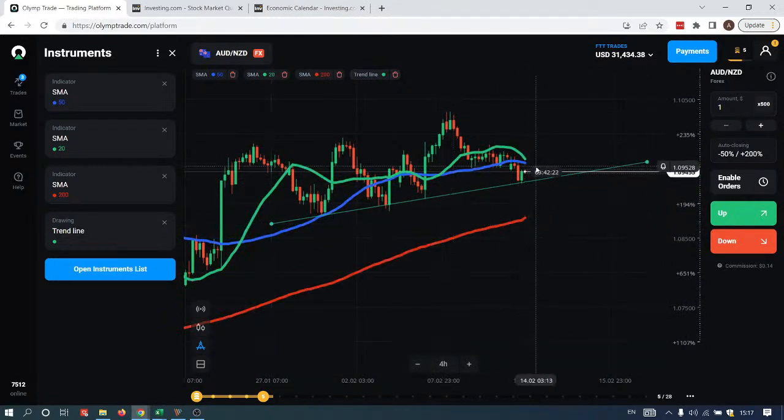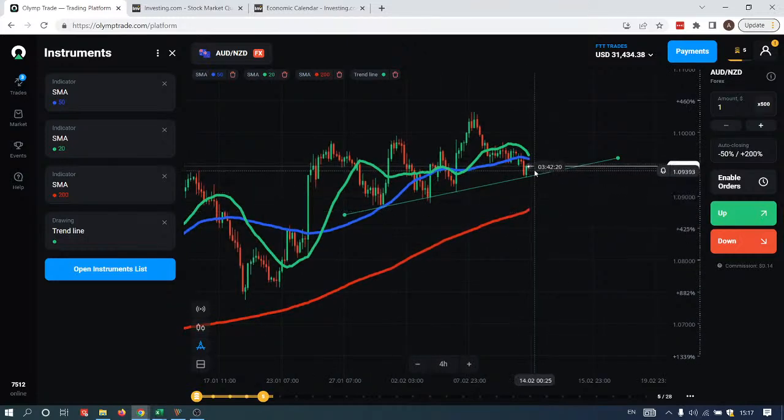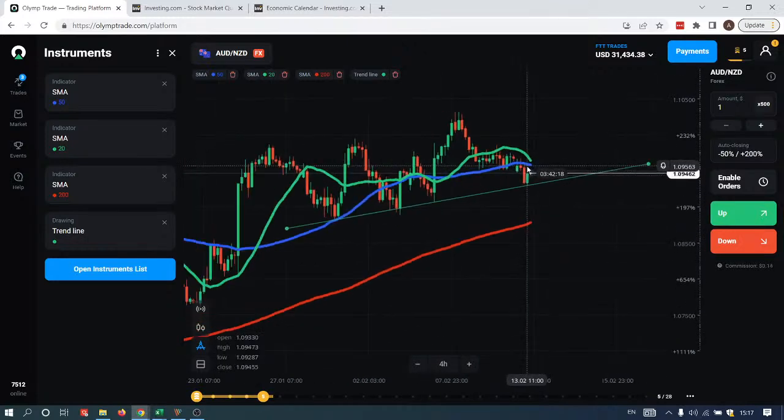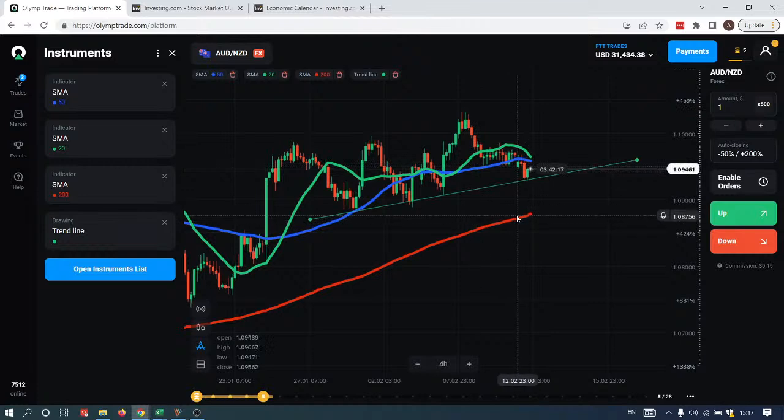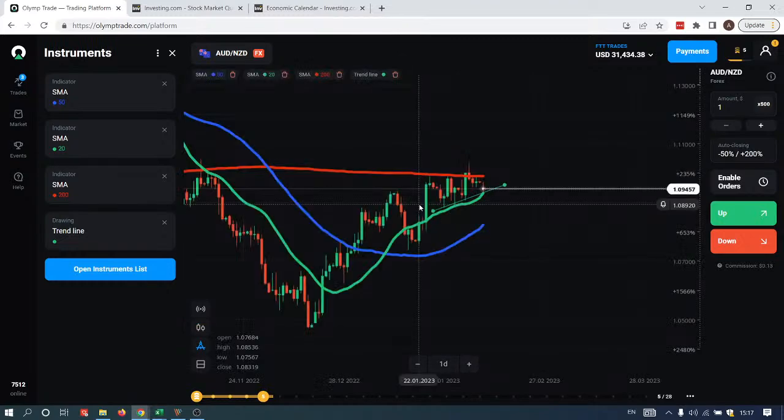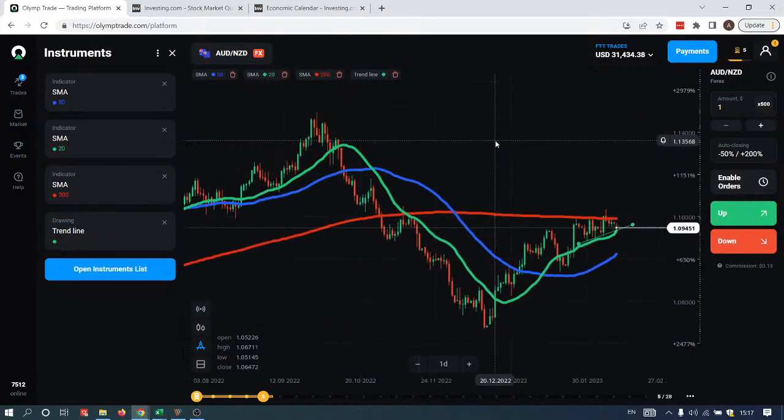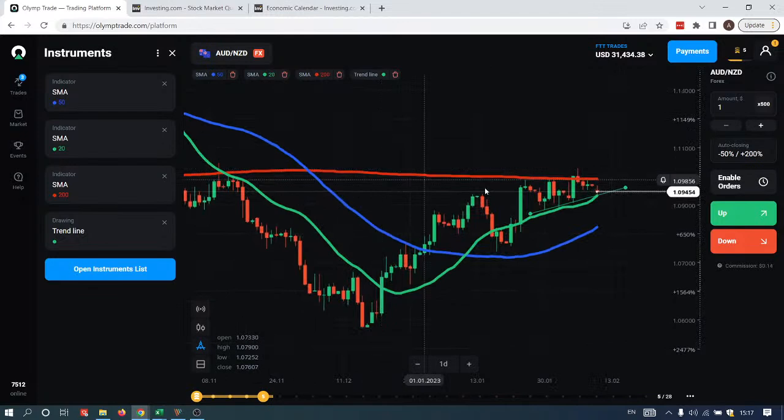So see, basically you can maybe open a trade downwards already, but I would definitely wait for this support level to be broken, because as of now we are still uptrending, right? So we are still uptrending in AUD NZD.